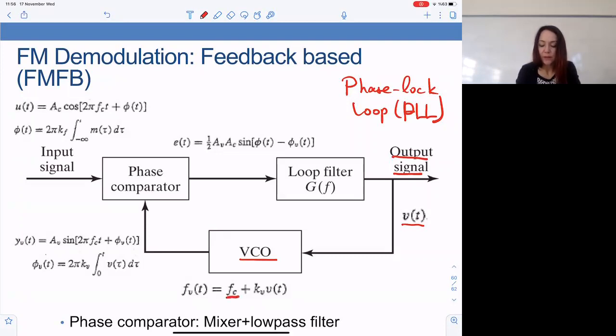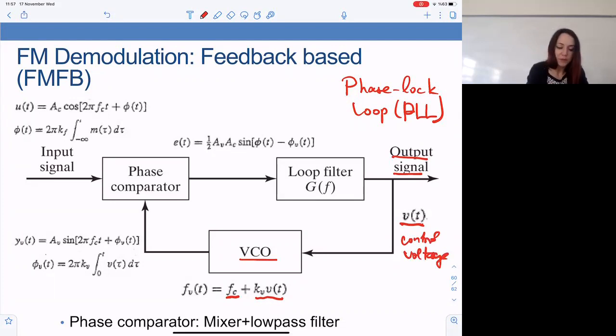But when the input signal is v(t), it will produce a sinusoid whose instantaneous frequency is fc plus a multiple of v(t). So basically when it's tuned to fc, in the absence of an input control voltage, it will produce fc. In the presence of a control voltage, it will produce this instantaneous frequency.